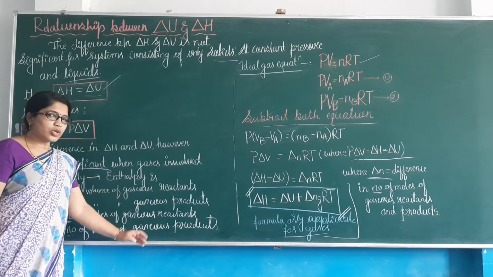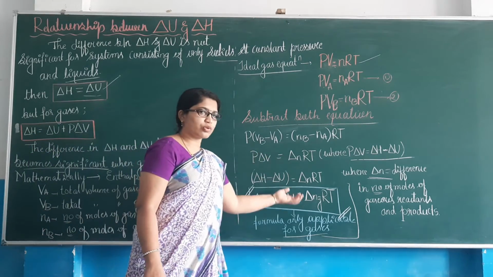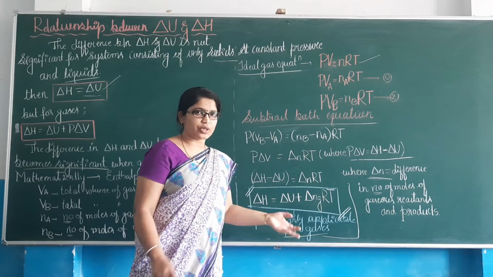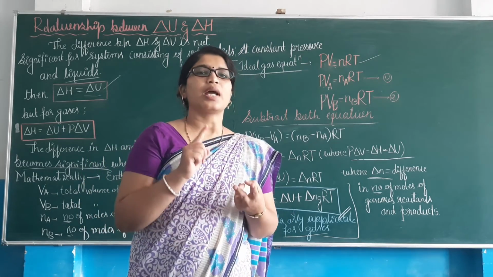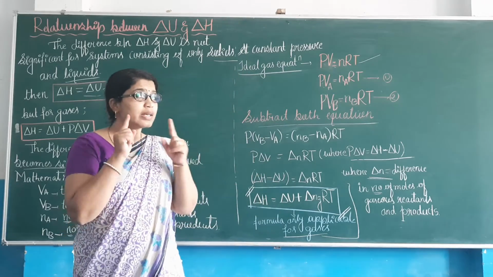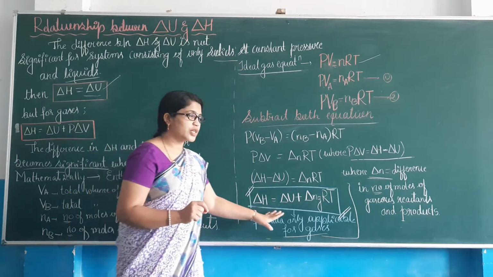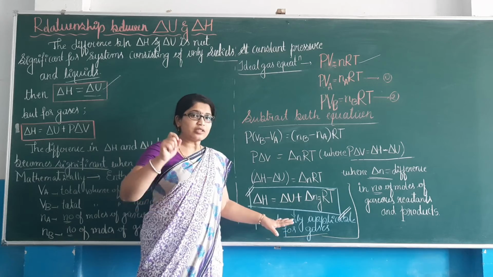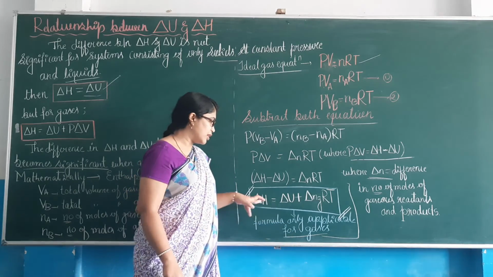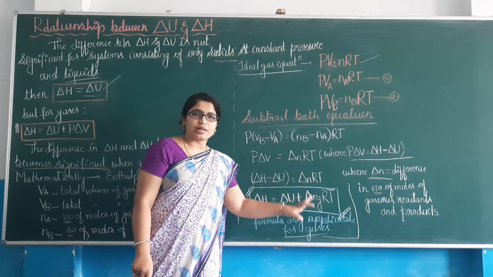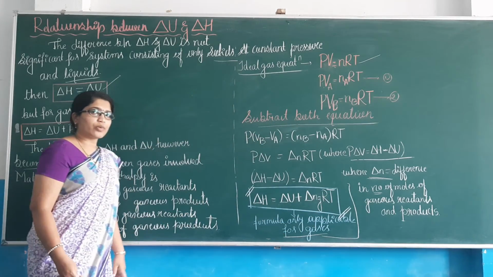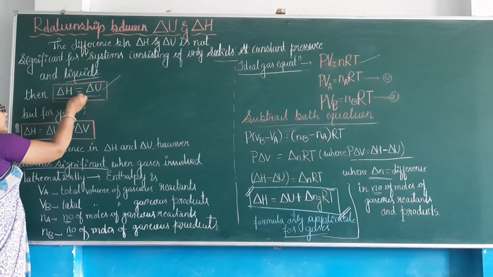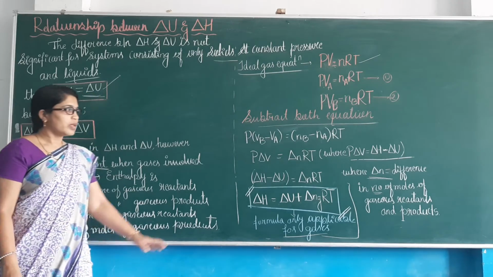So these are the terms which we made use of to get this final expression, which mainly gives us the relationship between delta H and delta U for gaseous particles. This expression is only for gaseous molecules, gaseous particles. That is delta H is equal to delta U plus delta nG RT. For solids and liquids, what will happen? Delta H will be directly equal to delta U. Please do copy this.